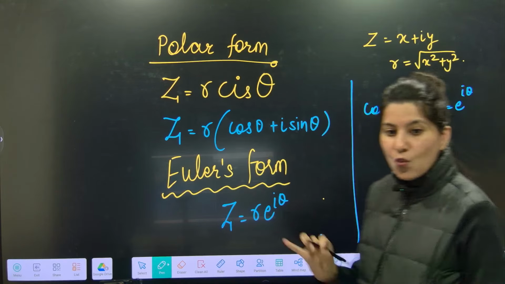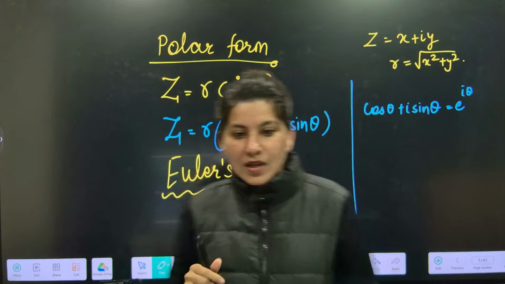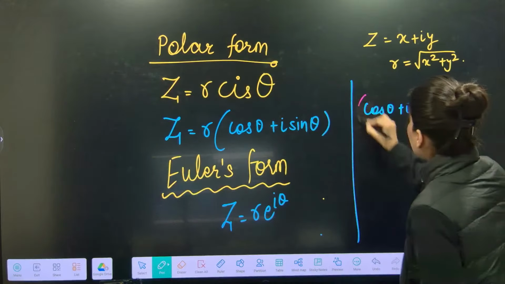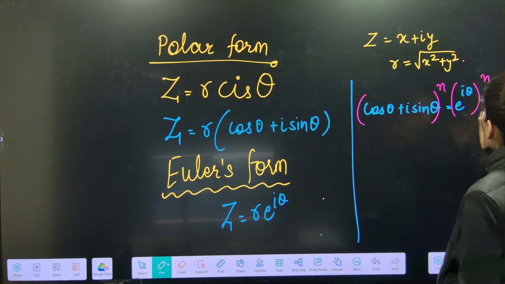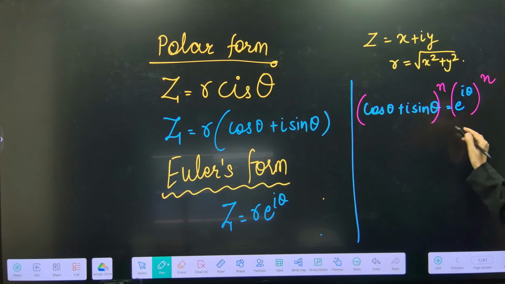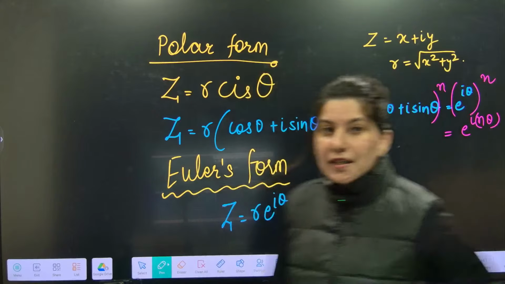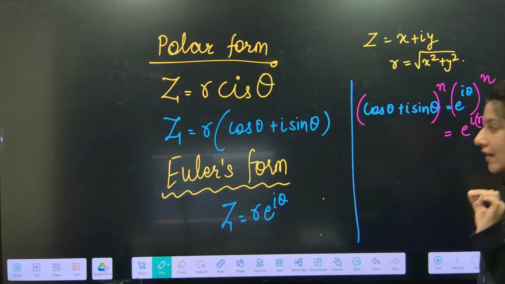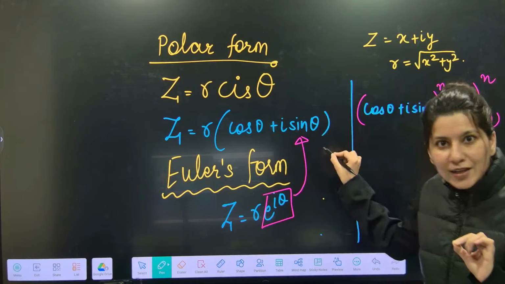Now I am going to do one thing, which is taking power n on both the sides. So cos theta plus iota sine theta, whole power n, is going to be equal to e power iota theta, whole power n. Can I write this as e power iota times n theta? Now understand, e power iota theta is equal to cos theta plus iota sine theta.